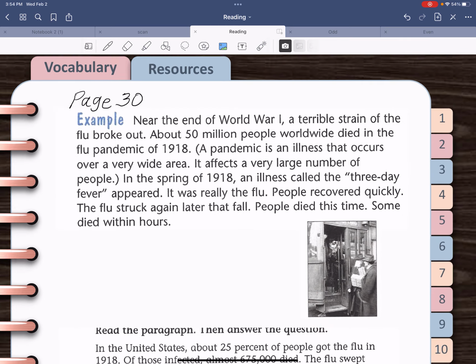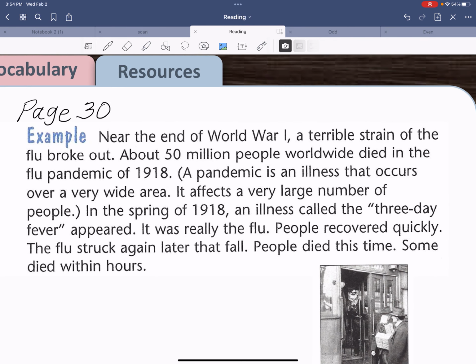Okay, let me read the paragraph. I want you to decide if this is a primary source or a secondary source. Near the end of World War I, a terrible strain of the flu broke out. About 50 million people worldwide died in the flu pandemic of 1918. A pandemic is an illness that occurs over a very wide area.